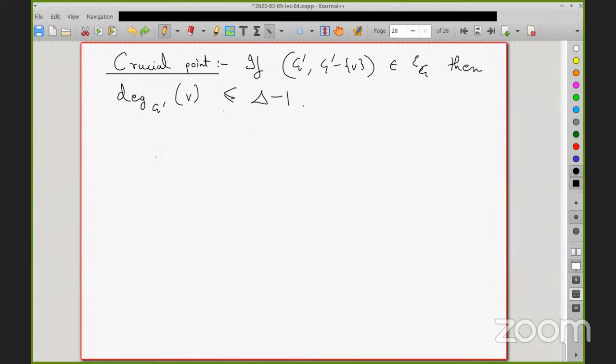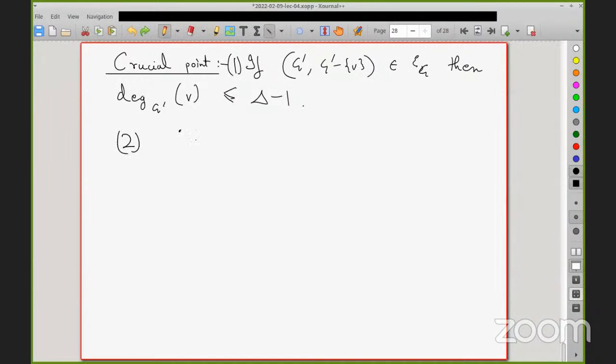Okay. So then we get that, also notice, the important point is this is the first point. The second point is what is going on with this E_G.